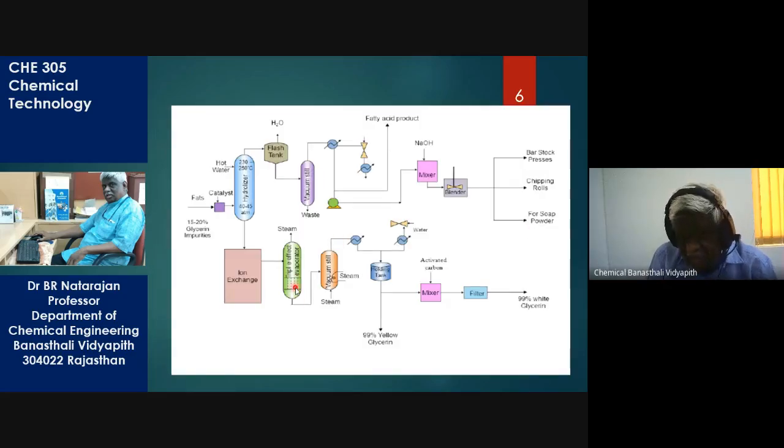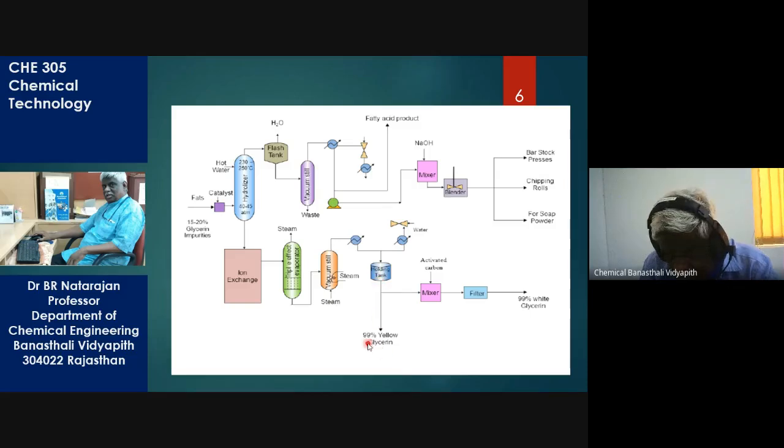So a triple effect evaporator is used and the water is converted into steam, and then it goes into a vacuum still. This is like a distillation column operating under vacuum, and we can achieve vacuum by mixing with steam, right? So from here the glycerine comes out.